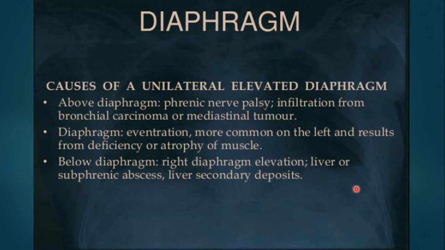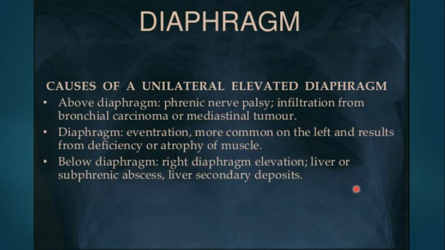There are causes above the diaphragm, at the diaphragm, and below the diaphragm. Above the diaphragm includes phrenic nerve palsy, which can be due to infiltration from bronchial carcinoma or mediastinal tumor, since the phrenic nerve innervates the diaphragm. If it is infiltrated or lacerated in a surgery, for example, the phrenic nerve will be injured. On that side, the diaphragm will not be working properly.